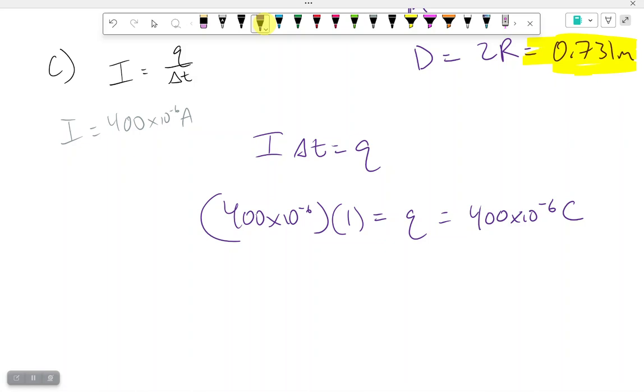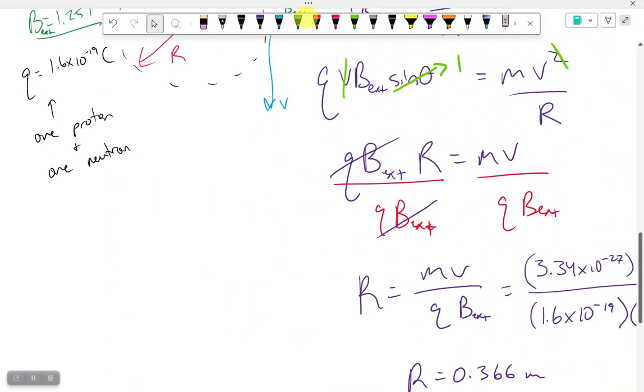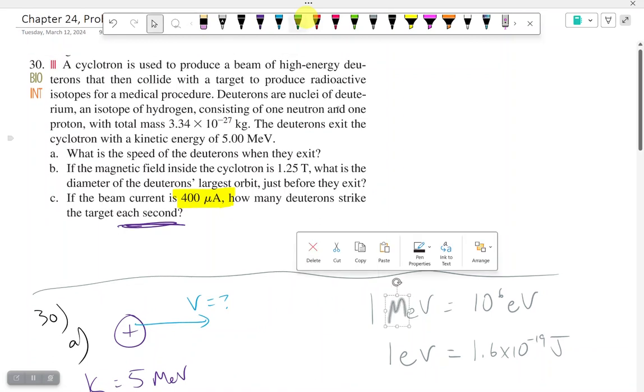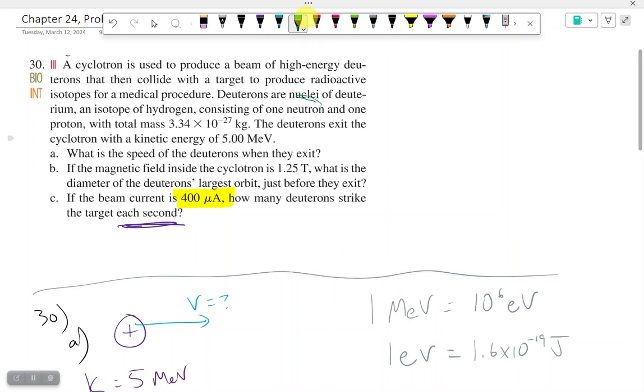What do they call it? A deuteron is just one proton's worth of charge, because one proton, one neutron, so it's just the proton that's going to matter.